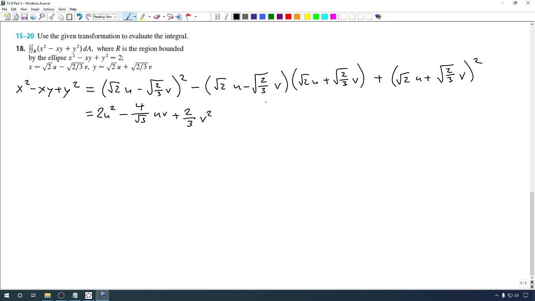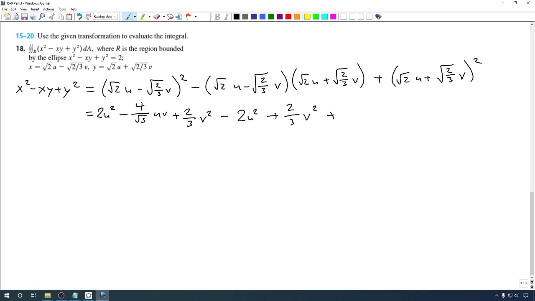Next, we take this part. Now, the fact that we have essentially the same thing, but with a minus sign here and a plus sign here, means that this turns into a difference of squares. We take the square of our first term here, so a 2u squared. Of course, we have this minus sign here, so we're subtracting that. Minus, or plus because of this minus sign, plus the square of our second term, so 2/3 v squared.